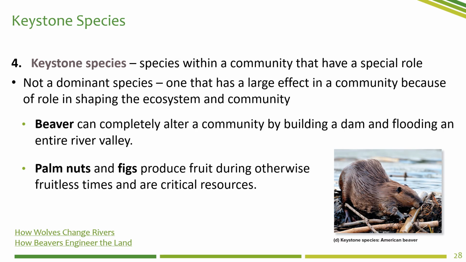But there was a larger effect: controlling that deer population affected the grasslands, it affected the plants, and then having native plants come back into the area, it affected erosion and ultimately led to changing the course or the flow of some of the rivers in the area.